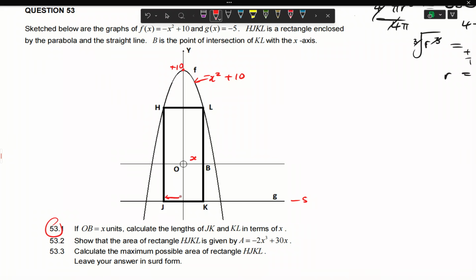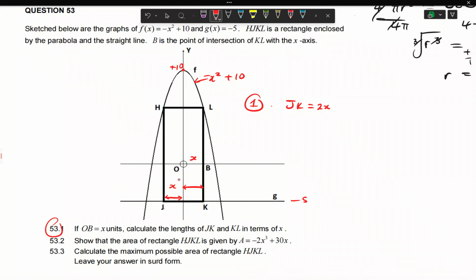GK is just from here to here. If O to B is x, also O to J would be x. So therefore, JK is just 2x.